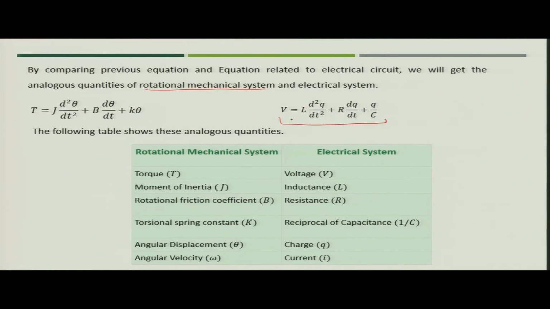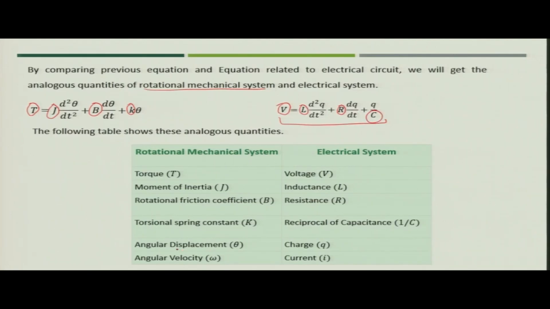Now, if you compare both of them, torque T is analogous to voltage V, moment of inertia, that is J, is analogous to inductance L, rotational friction coefficient, that is B, is analogous to resistance R, and torsional spring constant, that is K, is analogous to reciprocal of capacitance C.